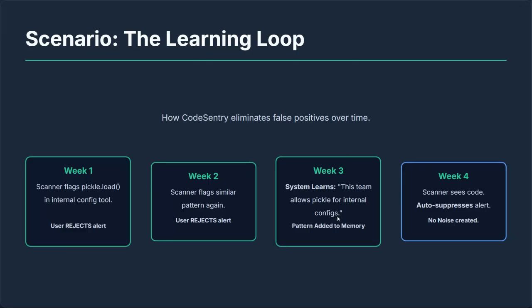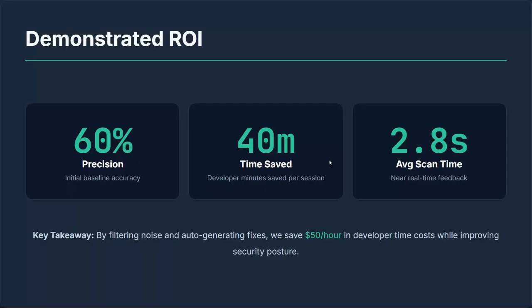In week three, CodeSentry has already learned that this team allows pickle for internal configs, and it has been added to the memory, so from then on it will suppress the pickle.load issues for internal configs, so there is no noise created for developers.